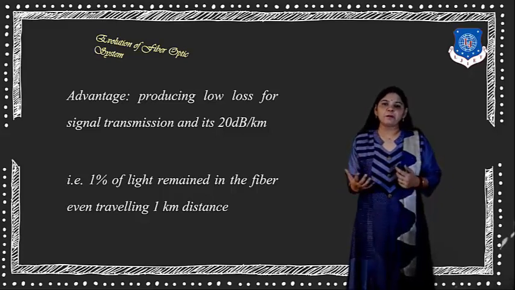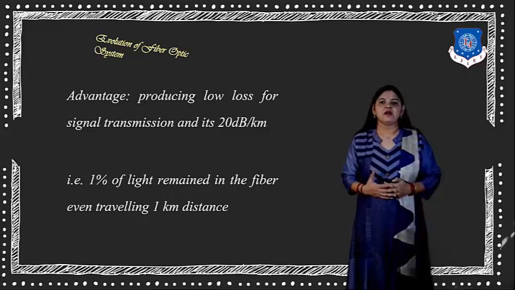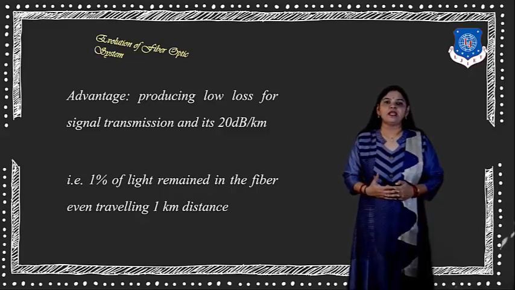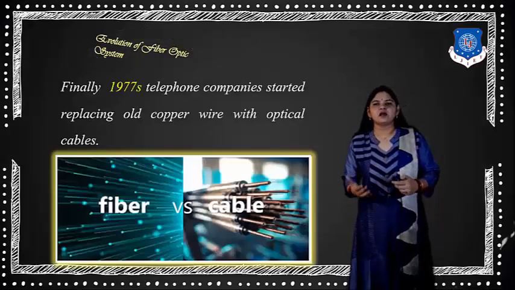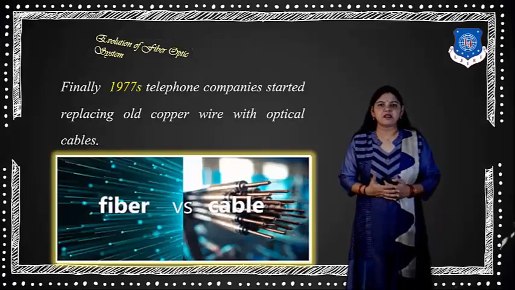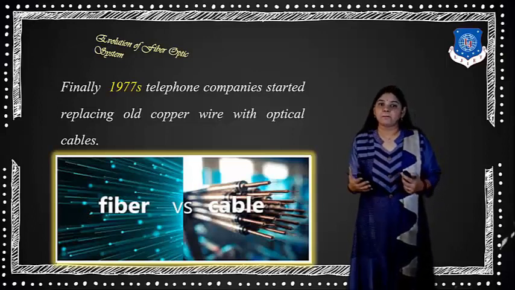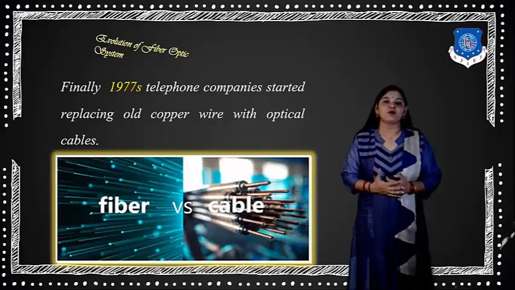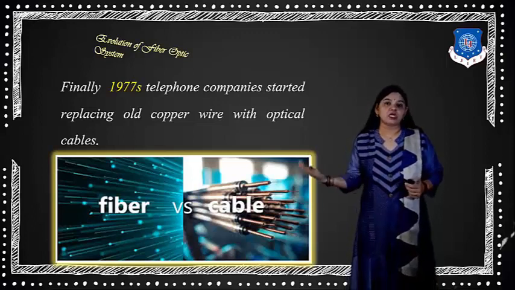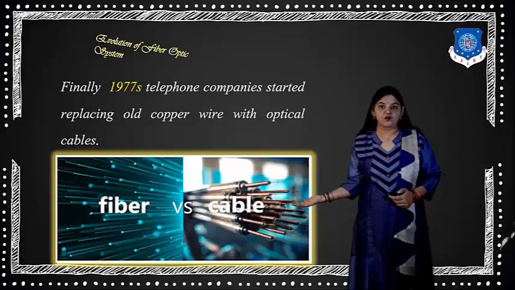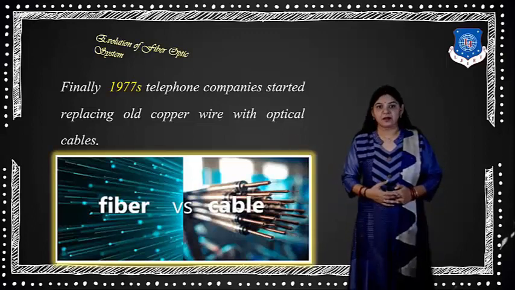So 1% of light remained in the fiber even after traveling a distance of 1 kilometer. This way, in 1977, the telephone companies started replacing the old copper wire with optical fiber cable. Here you can see the images of the copper cable and the optical fiber cable.